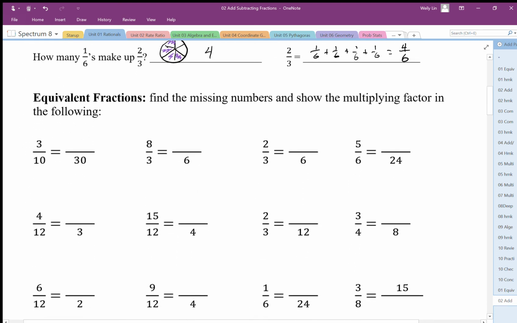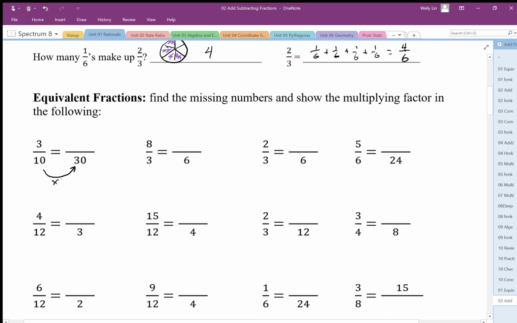So for this next part, what I want you to show me is an equivalent fraction, but again, it's very important that you show me the multiplying factor. When we go from 10 to 30, if I want to find a multiplier, I divide. So I'm going to divide 30 by 10, I get 3.